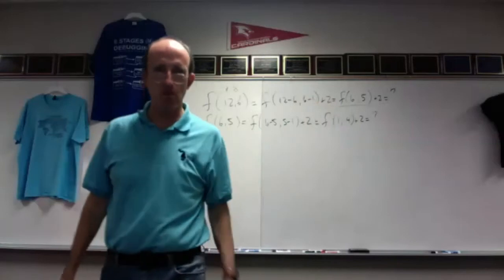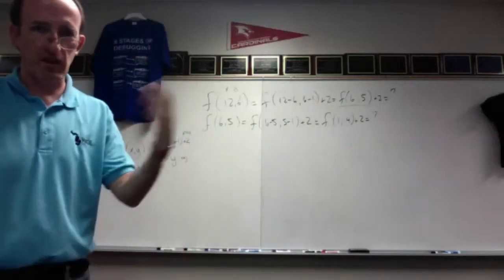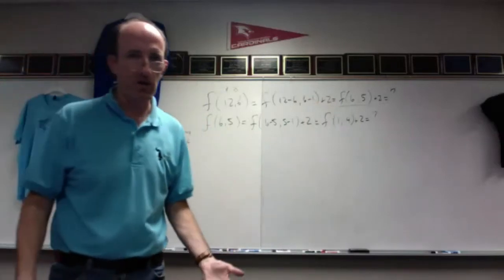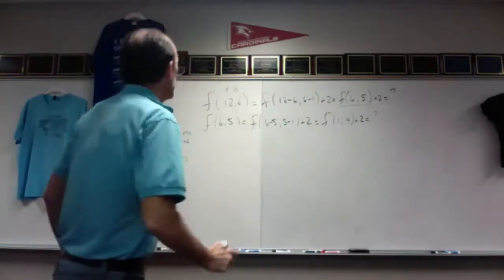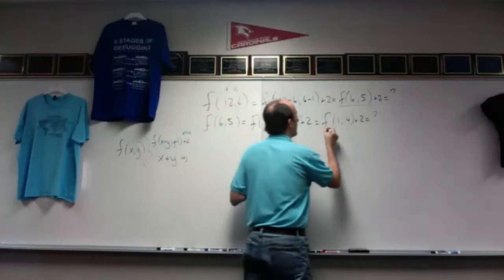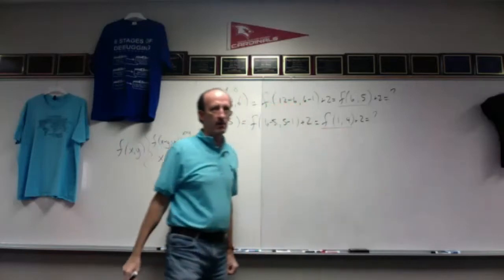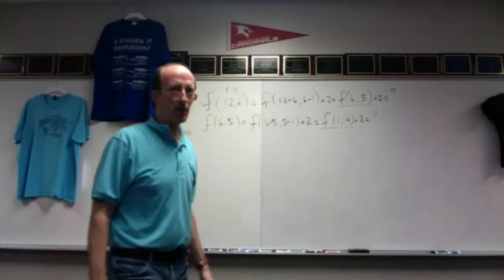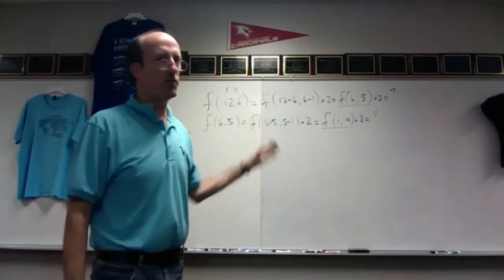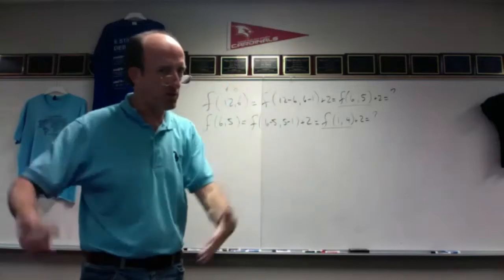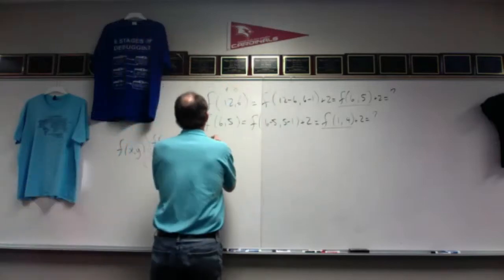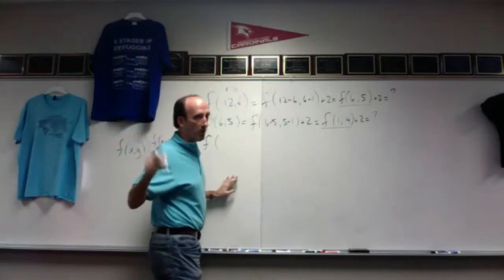I'm putting a question mark there because we have to recurse again. We have to create another recursive memory stack, and we're doing it with f of 1, 4. That's what's holding up the process of this function. So this function stalls to call another function, which is the same function but with new data. Now what's that new data? The 1 and the 4.